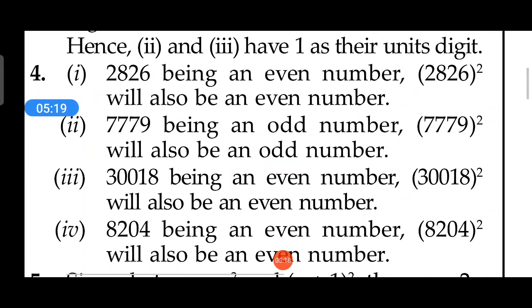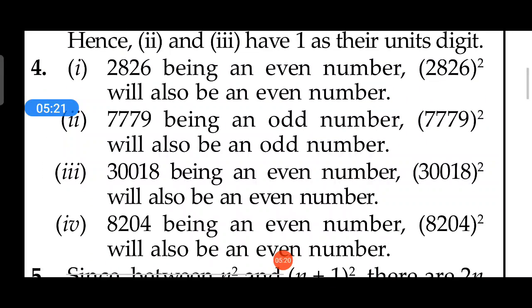Question number 4. Determine whether the squares of the following numbers are odd or even. Here we have to see the last digit. 2826 being an even number, its square will also be an even number.